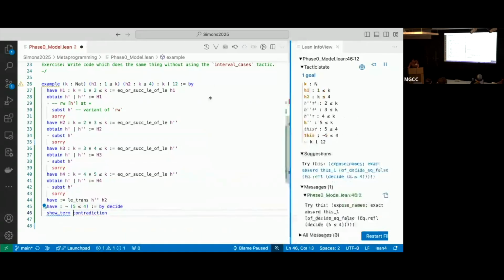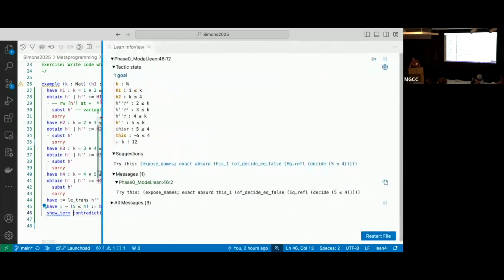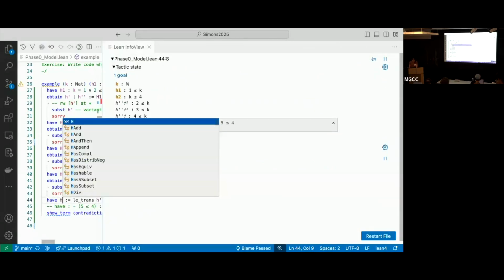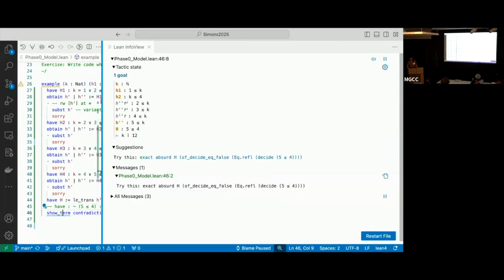This is a little bit complicated because of these exposed names, which I think we can forget. This contradiction is too complicated. But if you don't use these for all the assumptions, the exposed names will probably go away. Yeah, okay, that's a good idea. Let me do two things. Let me call this one by a nice new name like H and see what happens. Okay, that's a bit better.